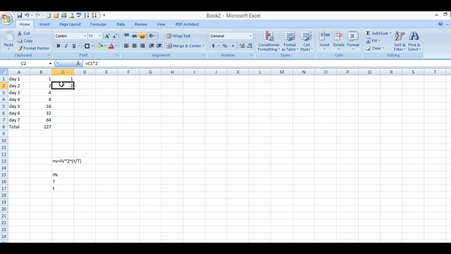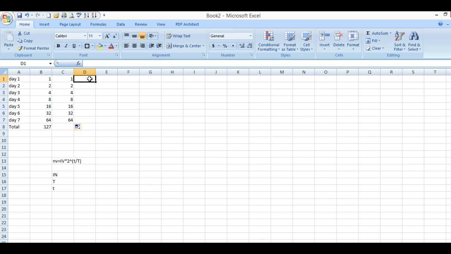Now, this formula right here says that I want the cell above the cell I'm in times 2. So if I click here on the little crosshairs down in the right hand corner and pull, so I left click and just pull down, you'll see it keeps taking the cell above and doubling it. So I can go all the way down. There we go. So Excel did the calculating for me, and that was kind of nice.